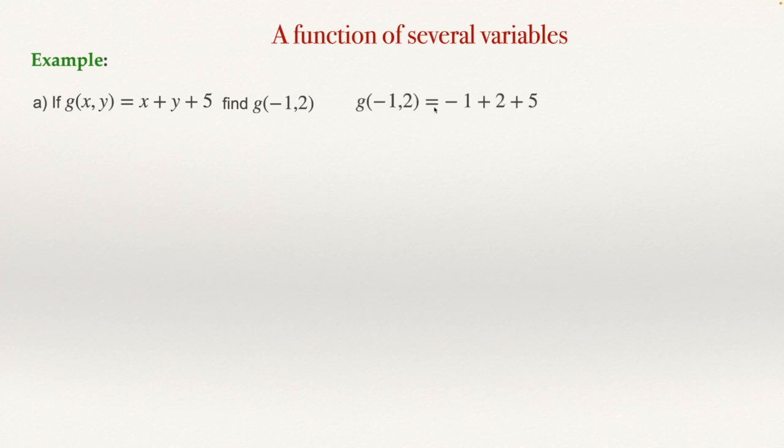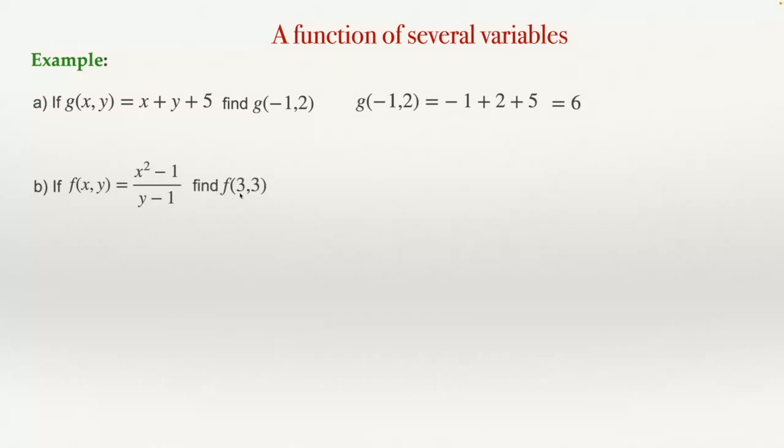That will be the image of -1, 2. And then this will be -1 plus 2, which is 1, plus 5 equals 6. The image of a pair will be a real number. Let's see the other example. f of x, y. What will be the image of 3, 3?